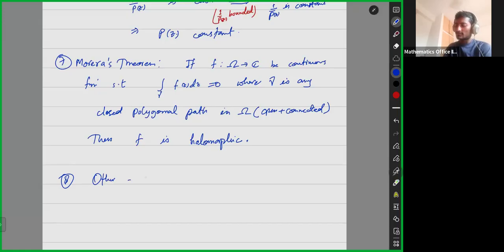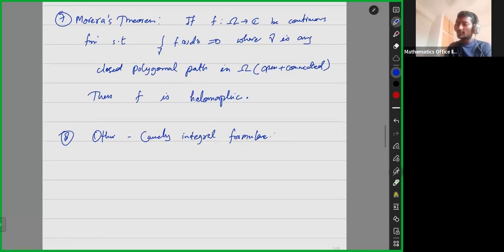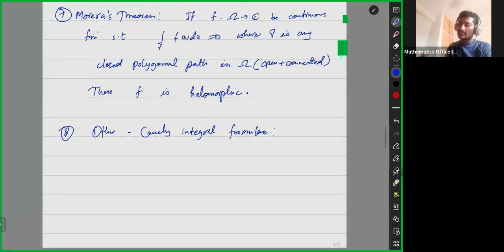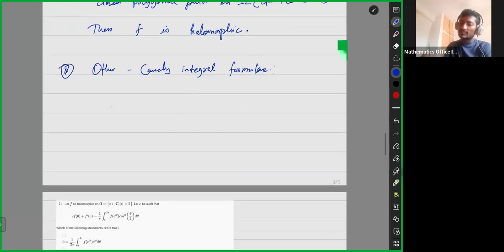People say higher degree or higher order. I'm just saying other Cauchy integral formulas. So what are these? These are nothing but the nth derivative of f at a given point z naught can be calculated.